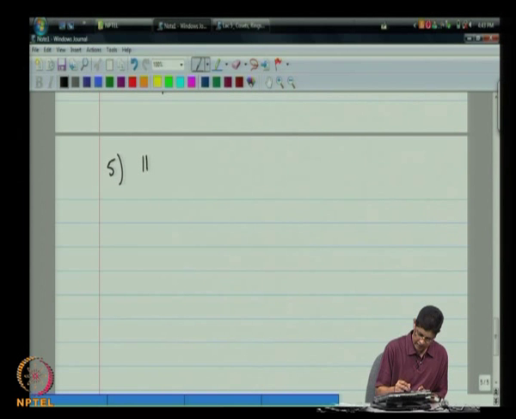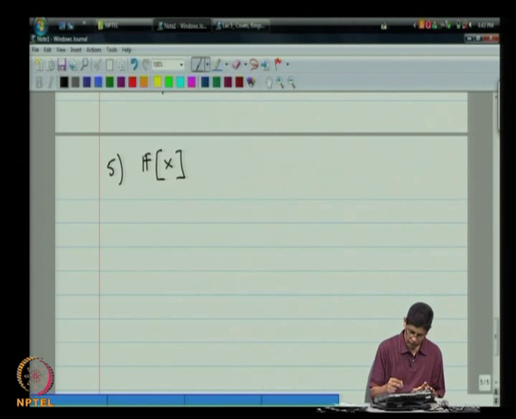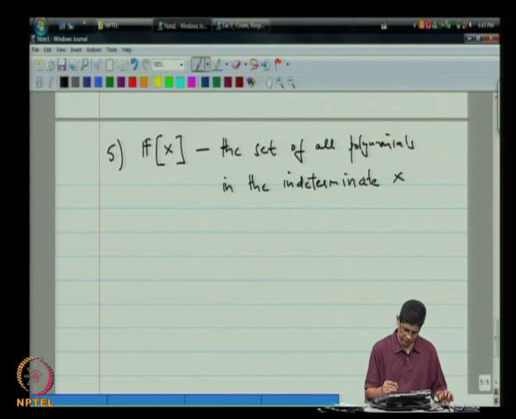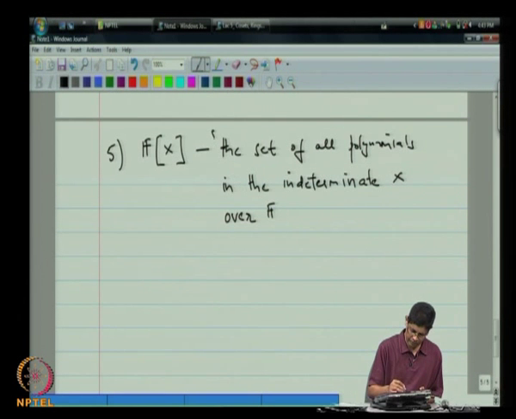We are going to define F[x]. Okay. This notation denotes the set of all polynomials in the indeterminate x over F. Okay.